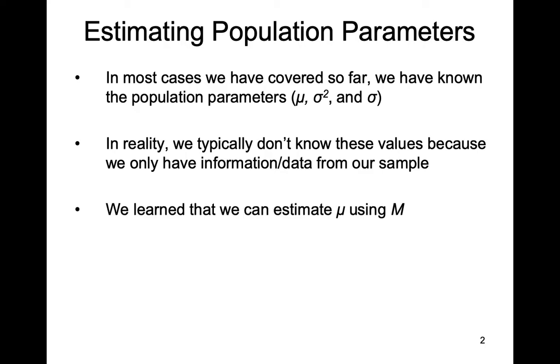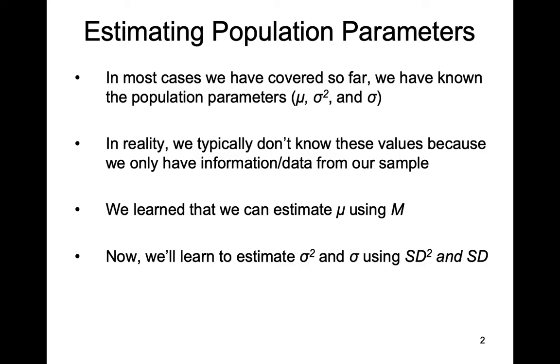We've previously learned that we can estimate a population mean mu using a sample mean. We're just going to extend this logic, and now we're going to learn that we can estimate the variance in the population as well as the standard deviation using the variance and standard deviation that we calculate in our sample.